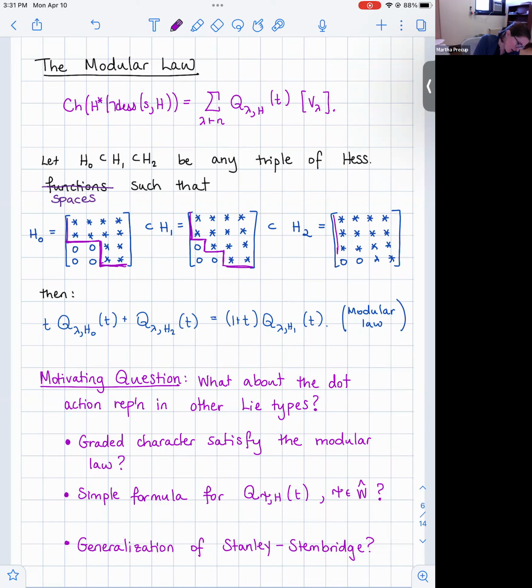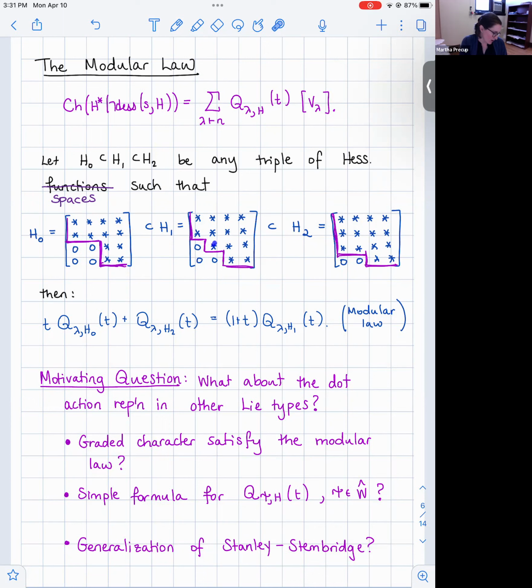I'm being a little hand-wavy here and not giving a very rigorous definition, but a definition by example. It says that if you have a triple 1, 2, 3 of these functions, and you can go from one function to the other by toggling a corner, then this middle one has a corner, and if we flip or remove the corner, I still have a well-defined Dyck path, a well-defined Hessenberg space.